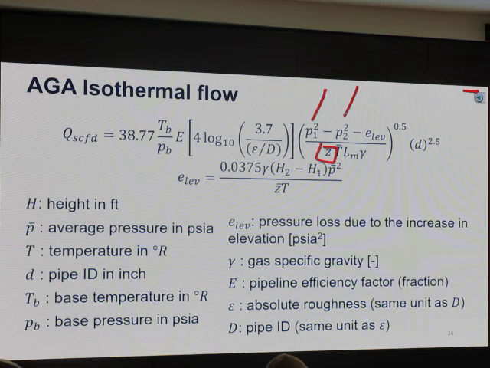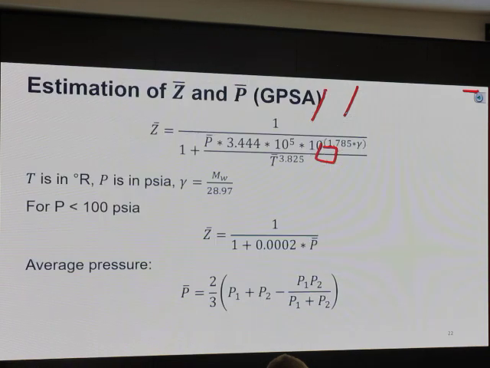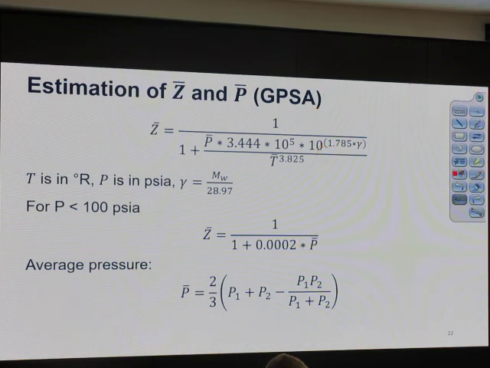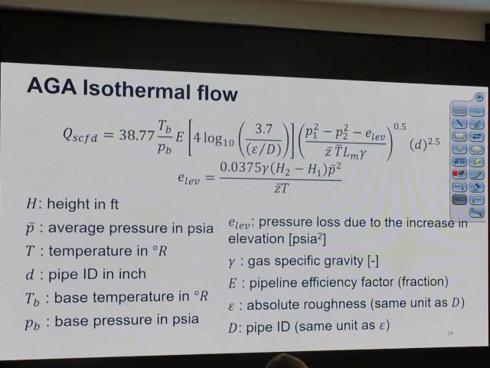I know just P1. I need to calculate the pressure drop, right? So if I don't know P2, I cannot get the compressibility factor from this equation. If you want to do the iteration, step 1, say compressibility factor equals 1.